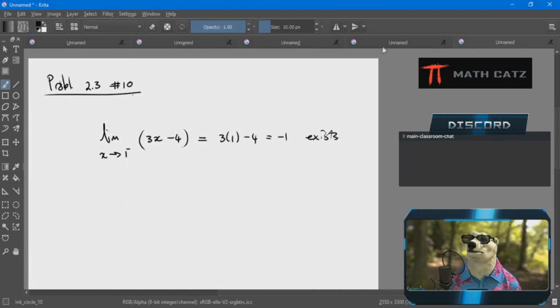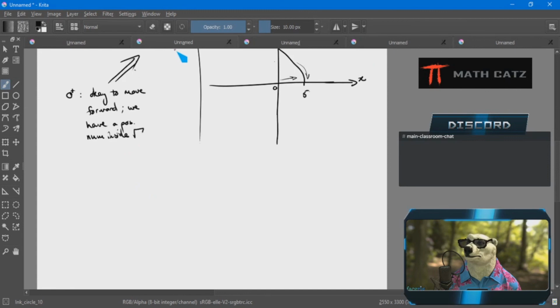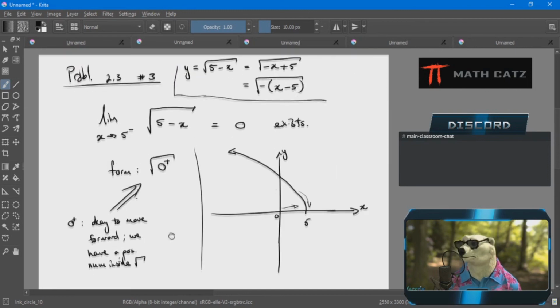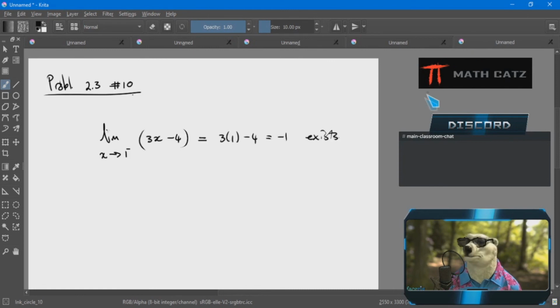There aren't that many combinations of how the form could look. I can get a slightly weird looking form I might not be super used to. But that's okay. There's more than enough problems.